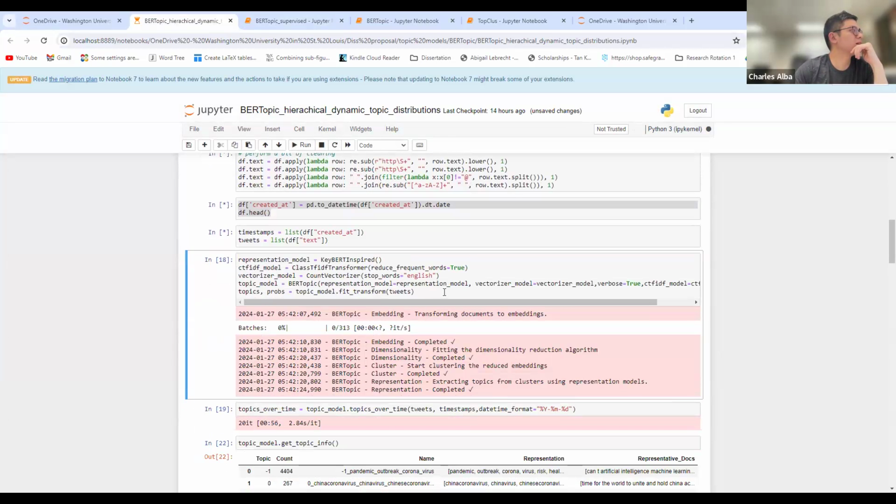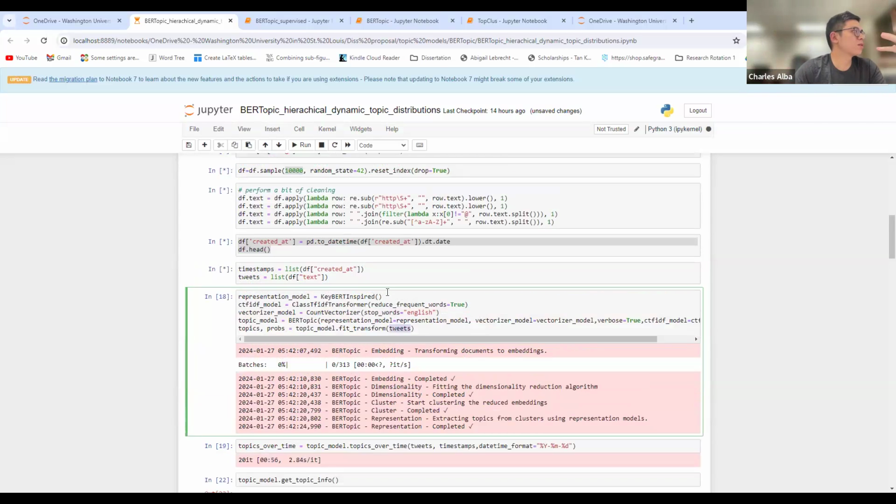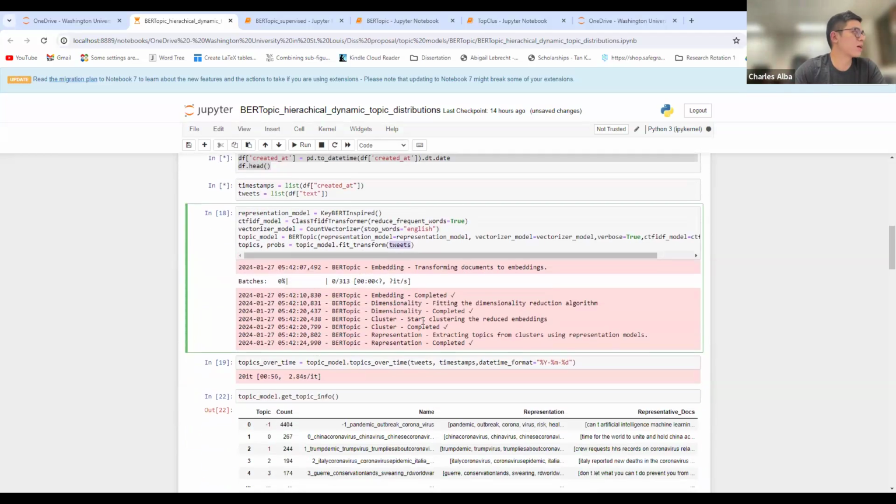So basically, we do the same, right? Vectorizer model, TF-IDF, we tune it with a representation model. Again, to answer your question, Yui, we basically cluster all the documents together. As you can see, I have these tweets here, and I'm just clustering all of them together.